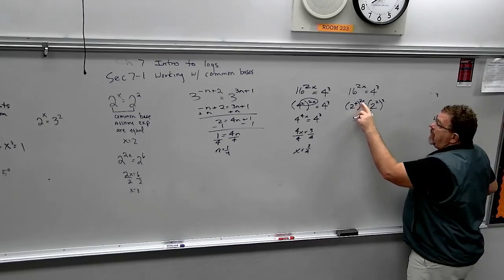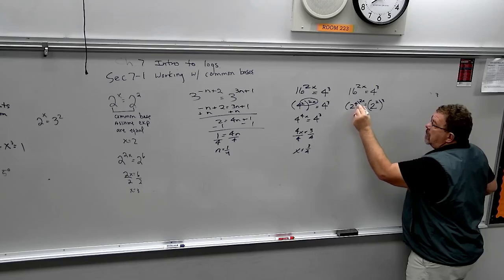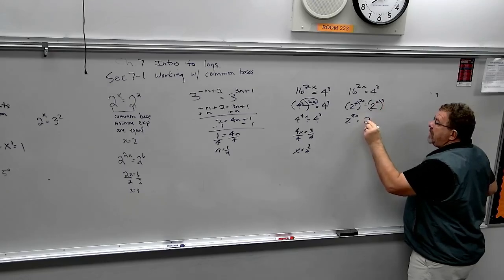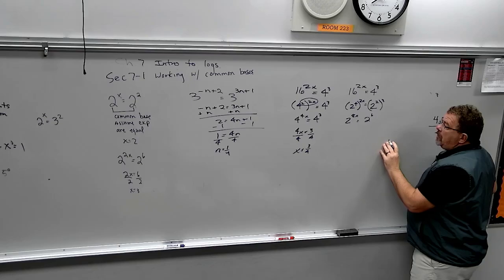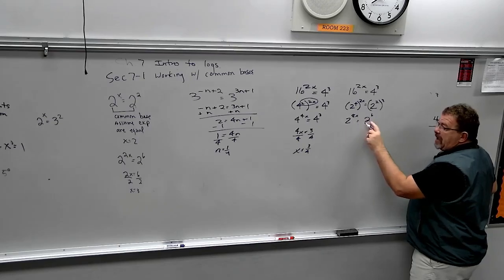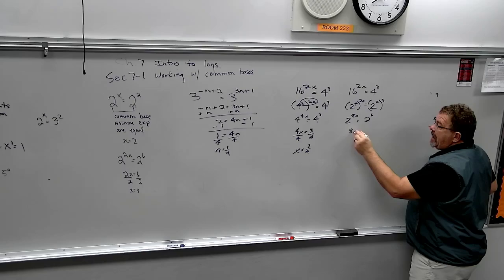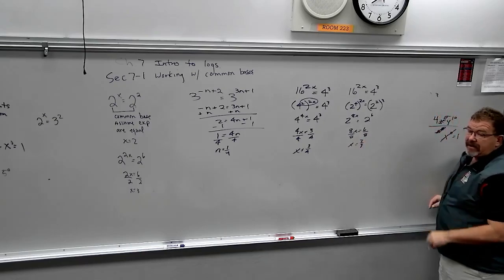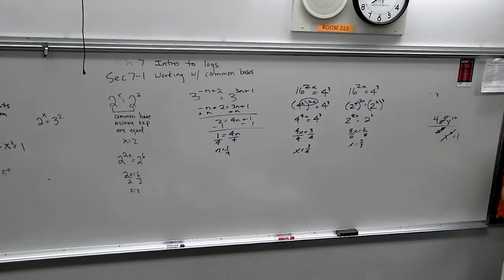I get 2 times 4, or 4 times 2x, which is 8x. 2 times 3 is 6. Notice that if I have my common bases, I get 8x equals 6, divide by 8, x equals 3/4. I get the exact same answer. And I went to a different base. I converted to base 2, not base 4.